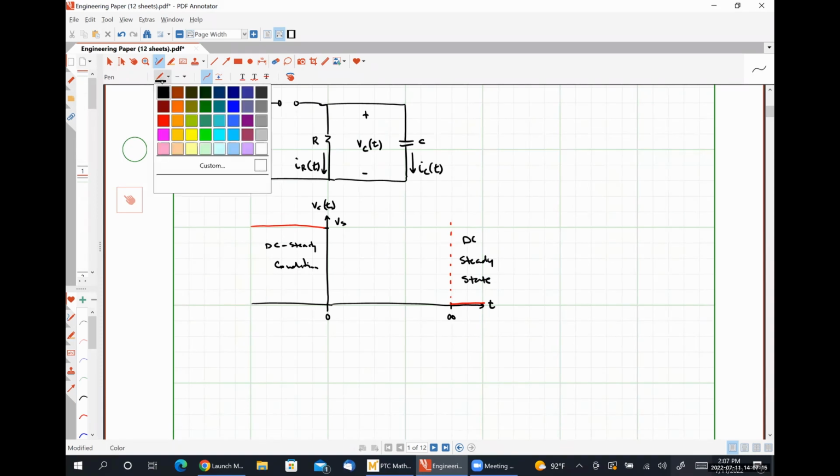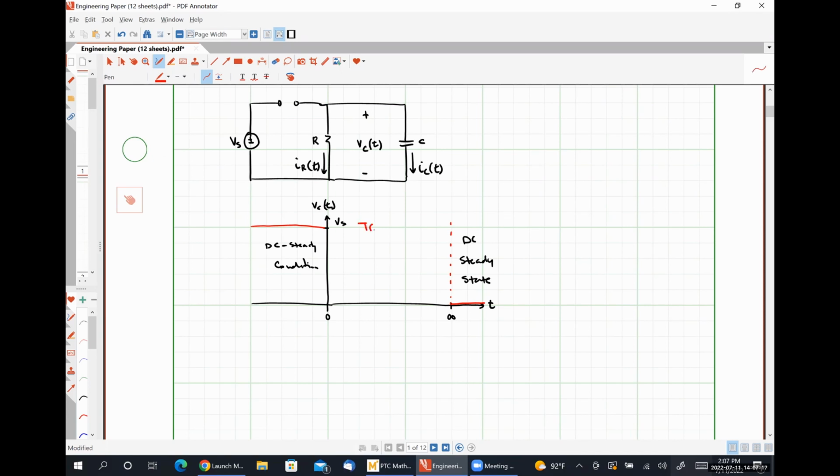And everything in between is our transient condition. And we're going to work out the math for how our capacitor voltage behaves in this area.